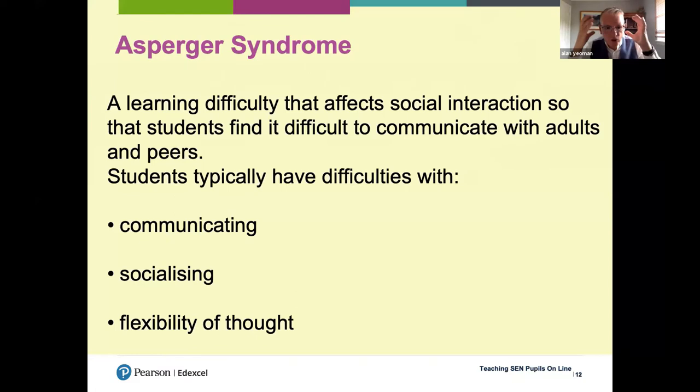They can get the thoughts in their head, but getting them out in some meaningful way is very confusing for them. Putting them into groups and socialising, they're not going to mix well. And they can often show almost aggressive behaviour, and it's fear and anxiety that's coming out for them. They know that they can't cope with that, and it all builds up.